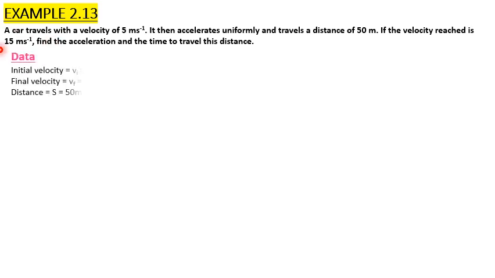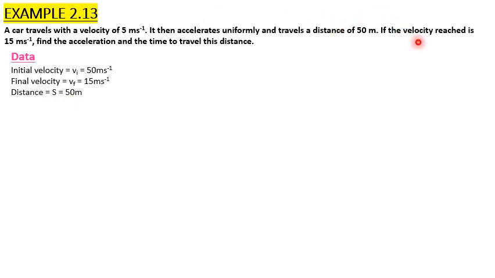In this statement, we have a car which is traveling with a velocity of 5 meters per second. So this is the initial velocity. The car has accelerated uniformly and travels a distance of 50 meters. So we have a 50-meter distance which is given here.